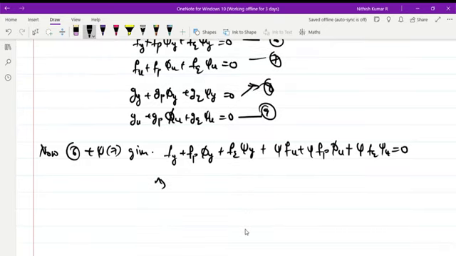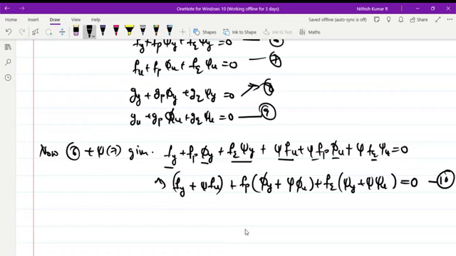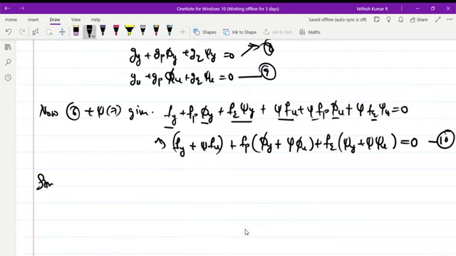Now equation 6 plus xi into equation 7. So to equation 6 just add xi into 7, so we have f_y plus f_p phi_y plus f_q xi_y plus xi into 7, so it is xi into f_u plus xi into f_p phi_u plus xi into f_q xi_u equal to 0.